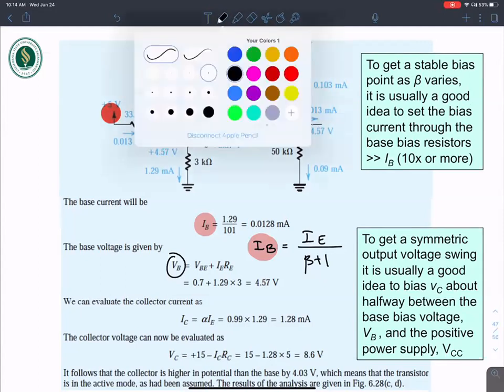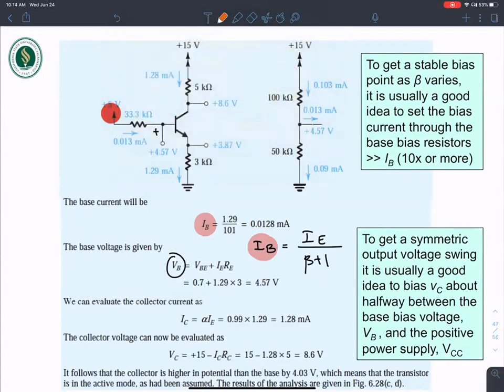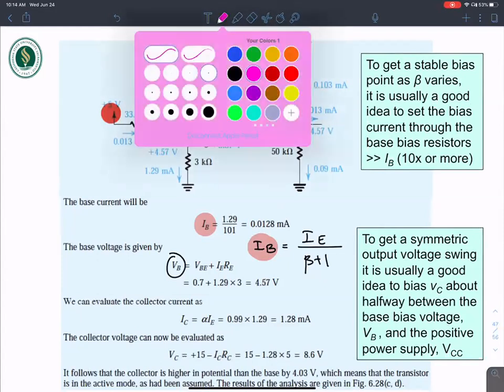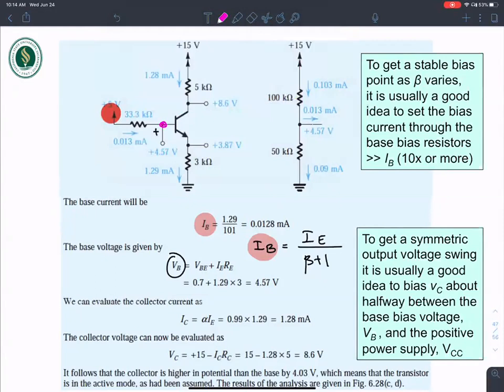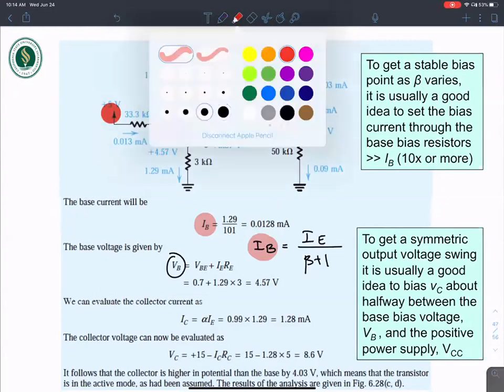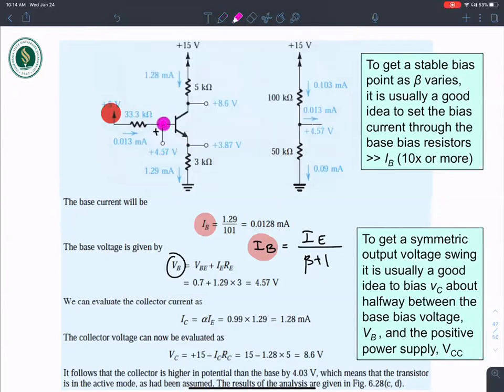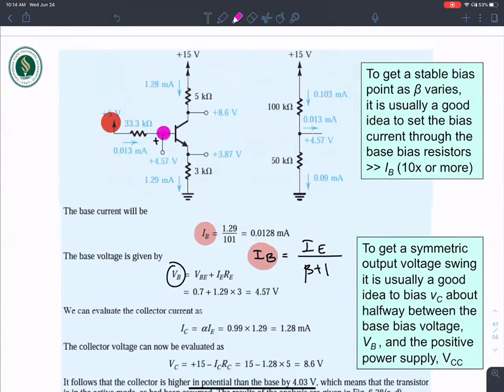If I know the voltage on that end of the resistance, then I can simply apply Ohm's law in order to find VB, the voltage here.